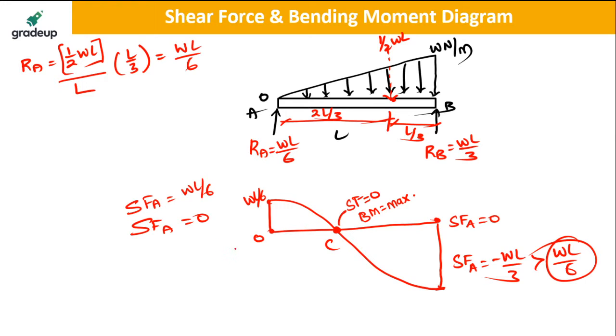So what are the 5 points, my dear friends? Let's see here. The 5 points are: first one is shear force diagram takes a vertical jump with point load.